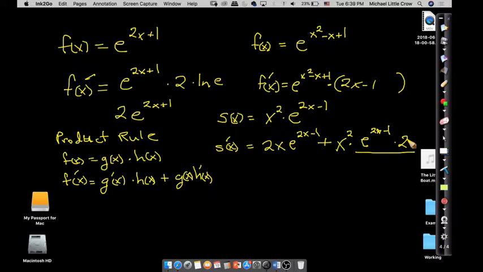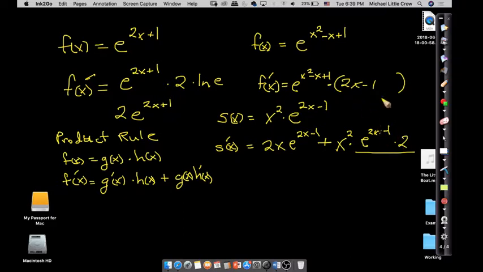Okay. So again, yes, sir. Wouldn't it be e to the 2x minus, would it be the same thing? Yes. E to the 2x minus 1. And that's that part. But then we multiply it by the derivative of the exponent.